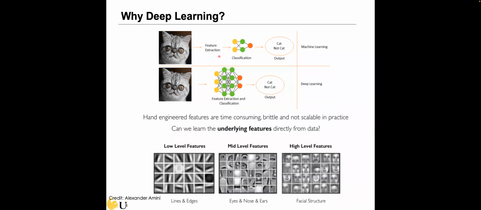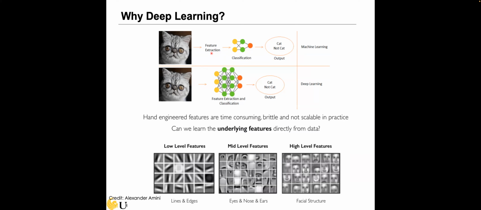So the first step is feature extraction. Once we have those features extracted, we use some classification method, or classifier, and train it to classify which class this image belongs to, cat or maybe another class, dog.